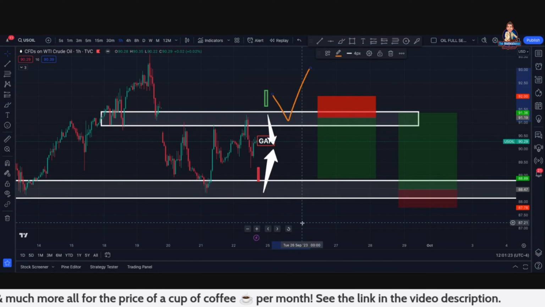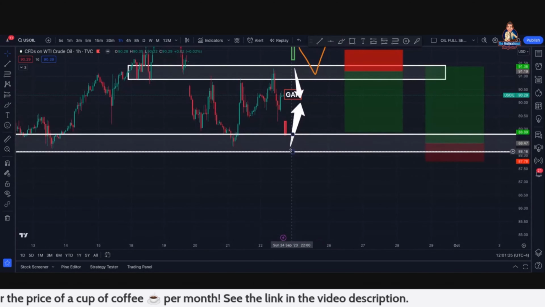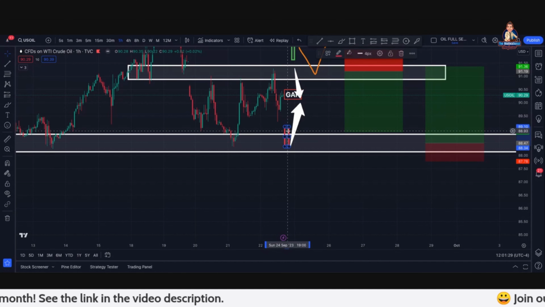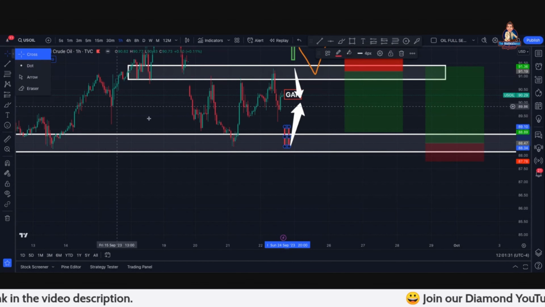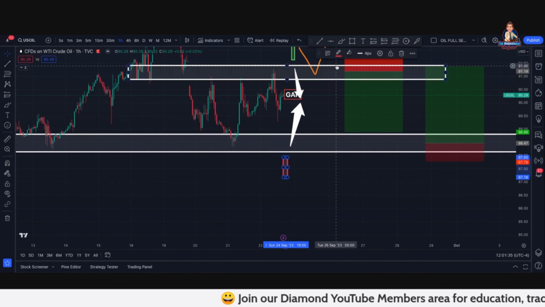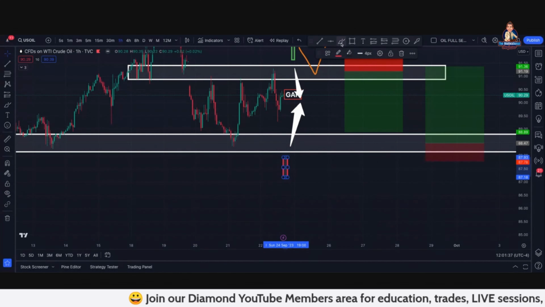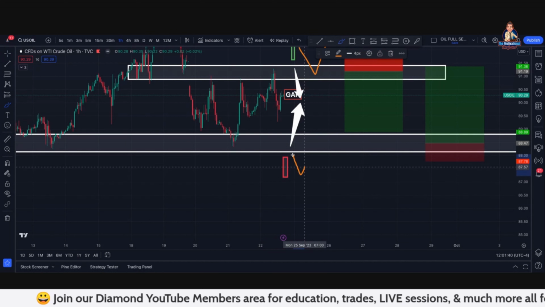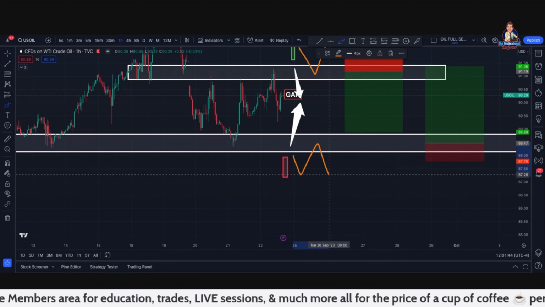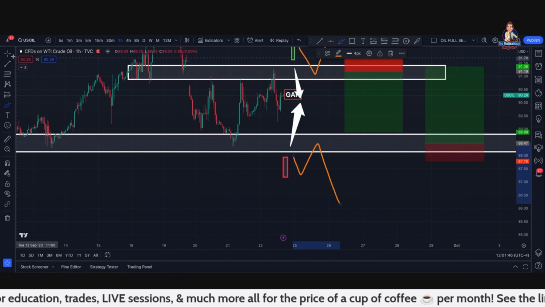If we get a candle to close down in here, let me drag this candle. So if we get price to close down in here, then we can expect price to do the opposite. Close down here, come back up to retest the former level of support, now turned resistance, and then continue dropping down.